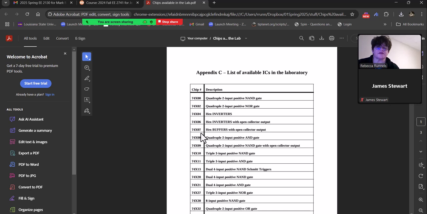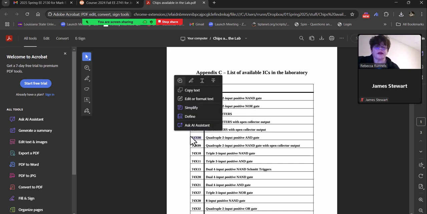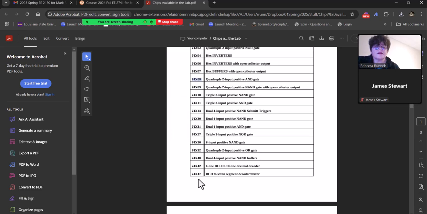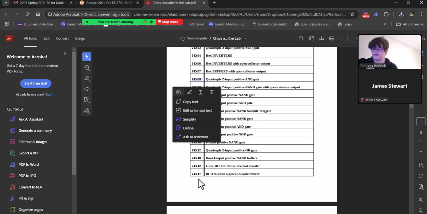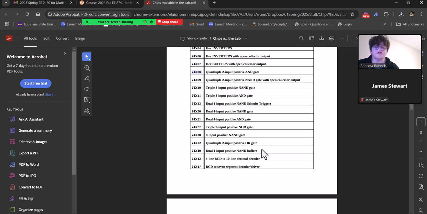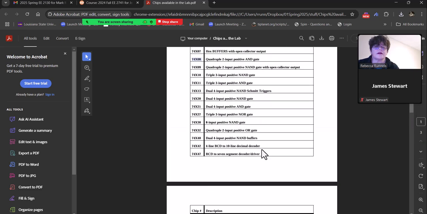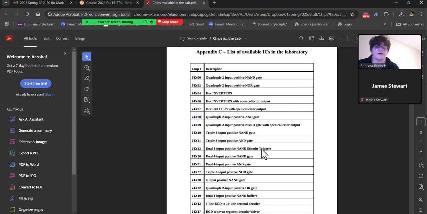So y'all write these down so that you can tell me what they are. 74X04 is the NOT. 74X08 is the 2 input AND. 74X32 is a 2 input OR. And the exclusive OR.